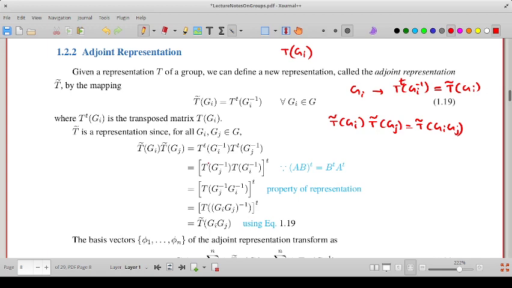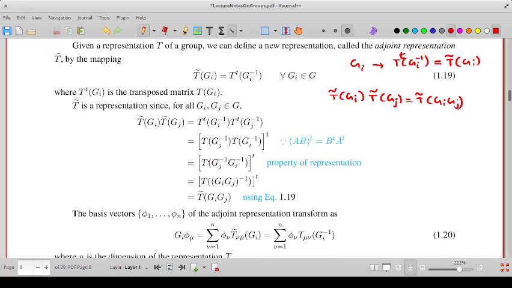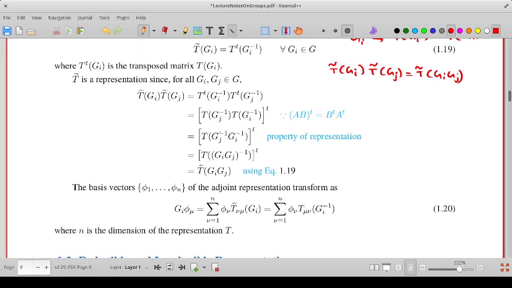Now, T is a group representation, and therefore it is a homomorphism, so T Gj inverse times T Gi inverse should be equal to T of Gj inverse times Gi inverse. But we also know that AB inverse is equal to B inverse A inverse, and therefore Gi Gj inverse is equal to Gj inverse times Gi inverse.